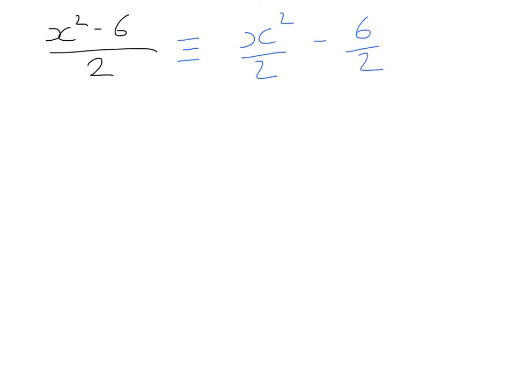So if you'd written it in this form, then yeah, you could go ahead and write that as x squared over 2, and now you can simplify that part and make it 3. But that's not the same thing as just x squared minus 3 on its own. This is something else. So you can't just look at that whole fraction and say, yeah, I'll cancel the 6 with the 2, it doesn't work, you're not allowed to do it.